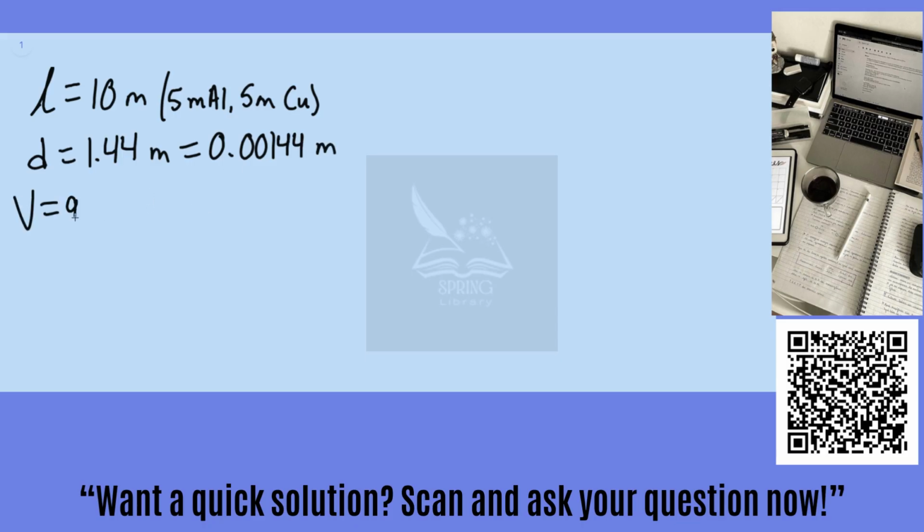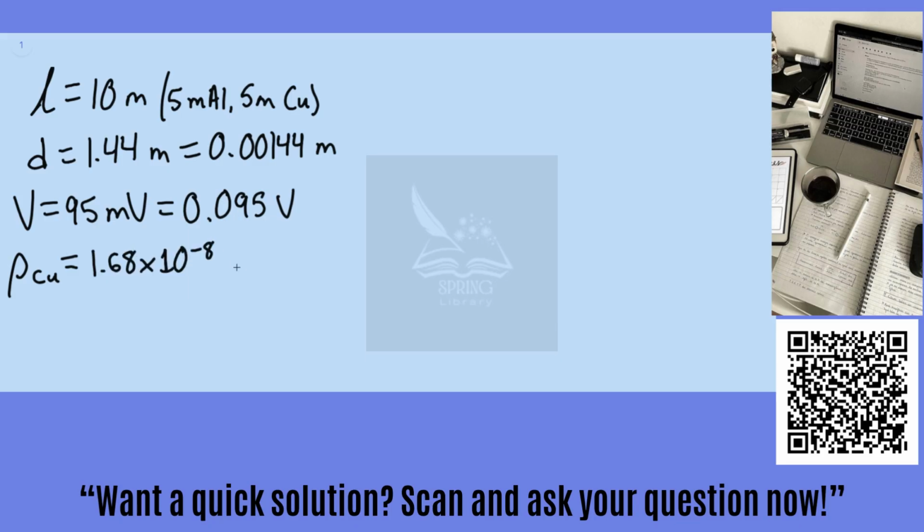We have a voltage of 95 millivolts or 0.095 volts. The resistivity of copper is equal to 1.68 times 10 to the negative 8 ohm meters. And then the resistivity of aluminum is going to equal 2.65 times 10 to the negative 8 ohm meters.